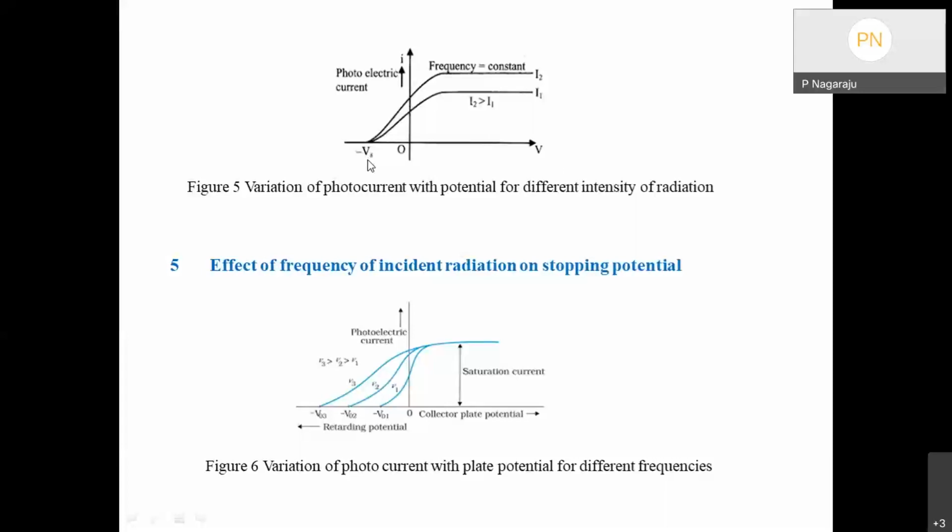This stopping potential is constant. Let us come to another effect, the frequency of incident radiation on stopping potential. You can see here, as the frequency is varied, the stopping potential varies, in the sense that for frequencies nu3, nu2, nu1, with nu3 greater than nu2, and nu2 greater than nu1, the stopping potential V3 is greater than V2, greater than V1, but the saturation current remains the same.